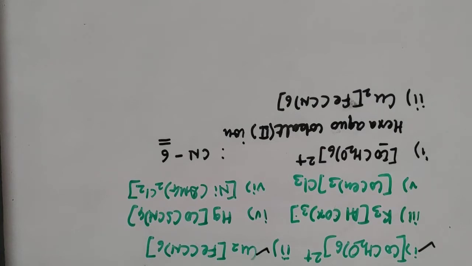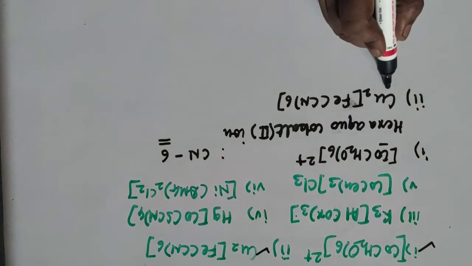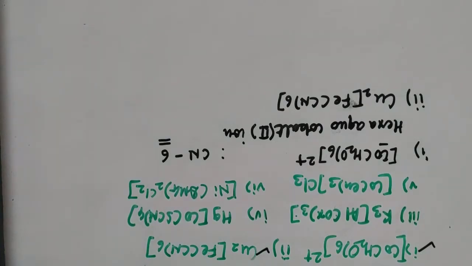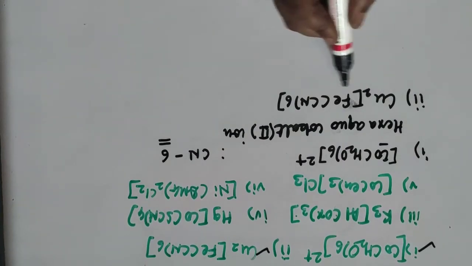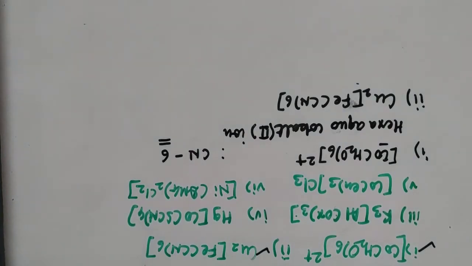This is an anionic complex because the counter ion is Cu metal. It is Cu2+ ions, counter ions which are present in the ionization sphere. So definitely Cu2+ charge is there, so the remaining part acquires negative charge. So this is a negatively charged complex, or anionic complex.